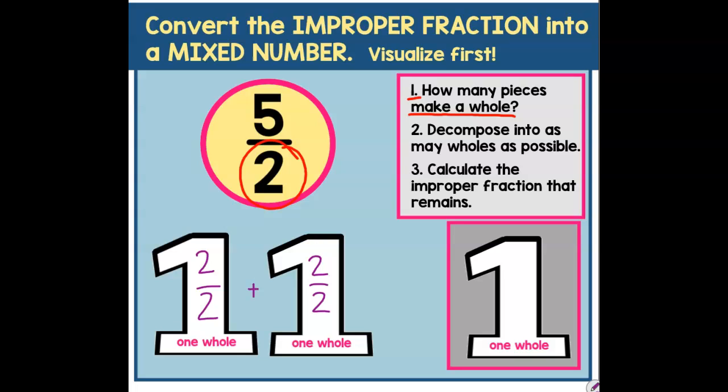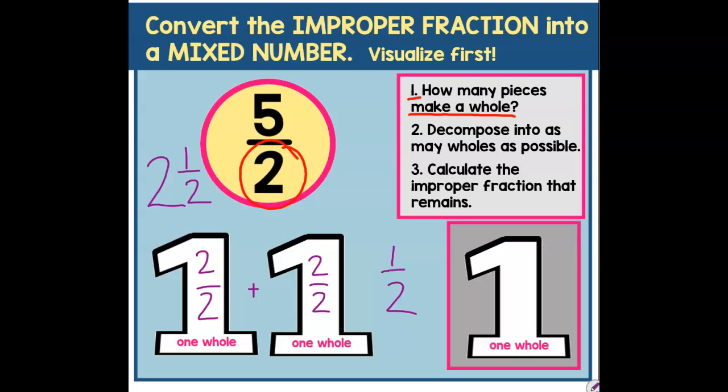So now I have 2 halves plus 2 halves. I'm at 4 halves. And I still have 1 half left. So now I'm going to combine my 2 wholes and my half. And my answer is going to be 2 wholes and 1 half. That is how I would figure out my mixed number from this improper fraction.